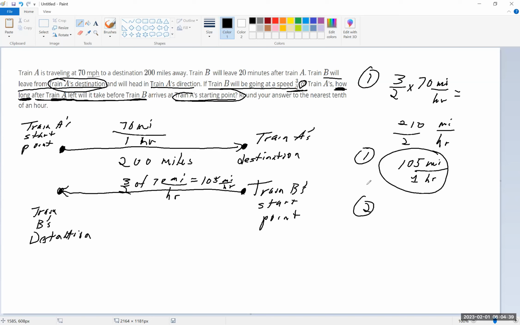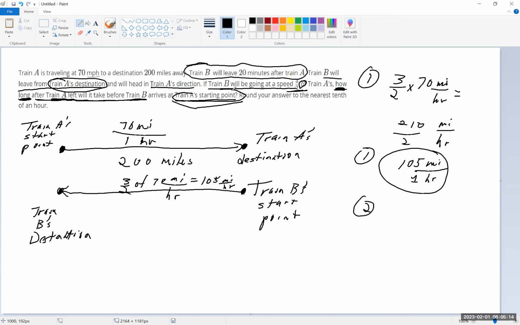We're really interested in finding out how long train B travels, but adding to it that train B will leave 20 minutes after train A. So we actually have to figure out how long train B will travel in order to get to train A's starting point.